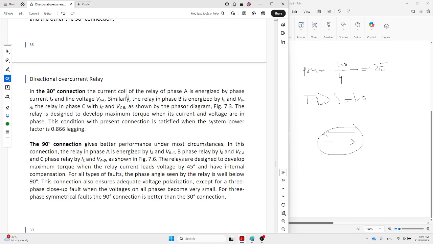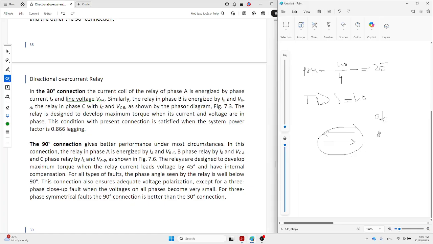So let's review. The current coil of the relay is energized by the phase current and the line voltage, but it's not aligned, so be careful. It's not AB, it's AC. It's very important because usually when we talk about three-phase it is AB, BC, CA. Right now it's not even CA, it's AC. So the way they energize the relay is totally different.